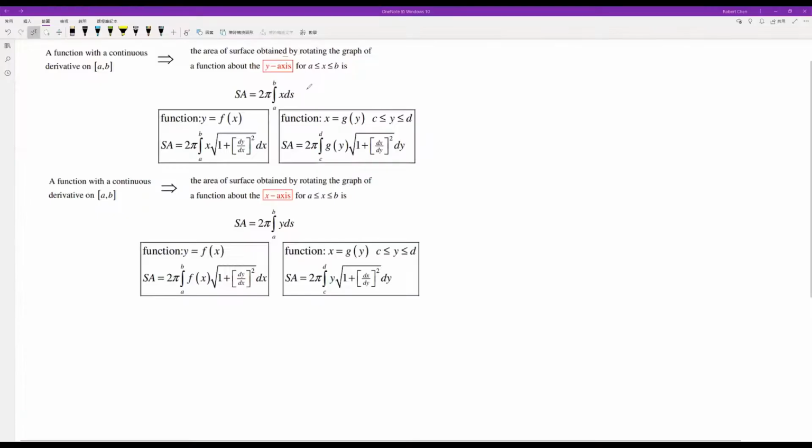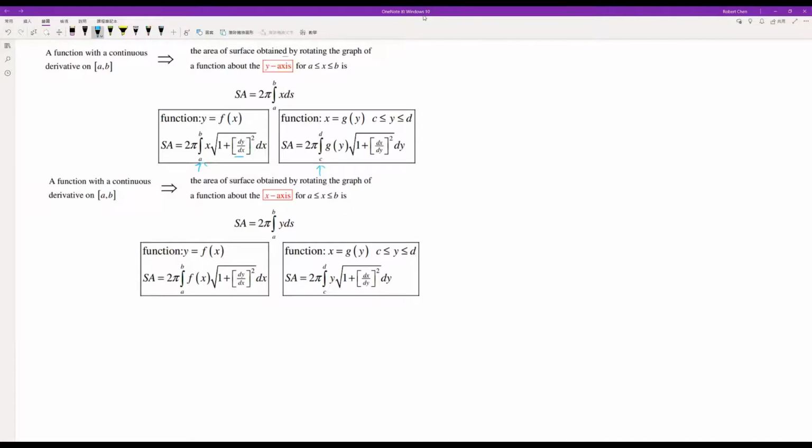So to give you a quick overview, we have basically the different formulas, or different ways to find the area of a surface of revolution depending on the situation. If it's revolution about the y-axis, we can use either of these two forms. The main difference is first the bounds. Here in the first form, if it's revolving about the y-axis, the bound is in terms of x, x between a and b.